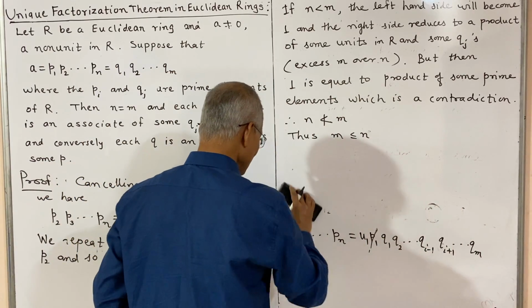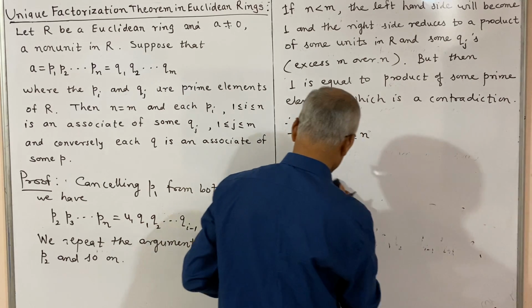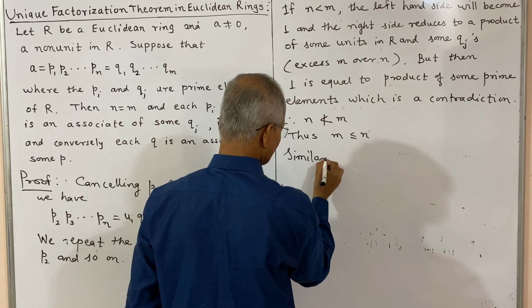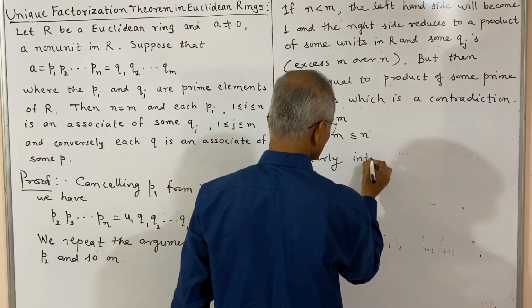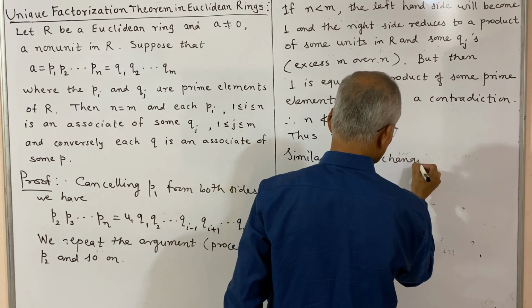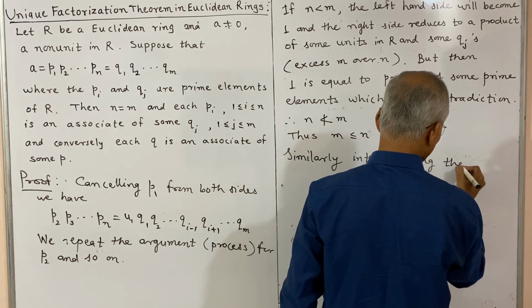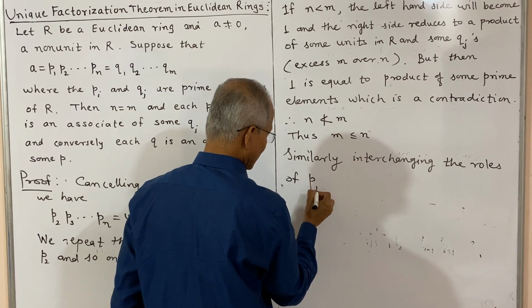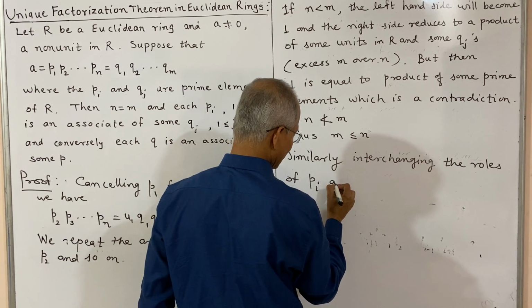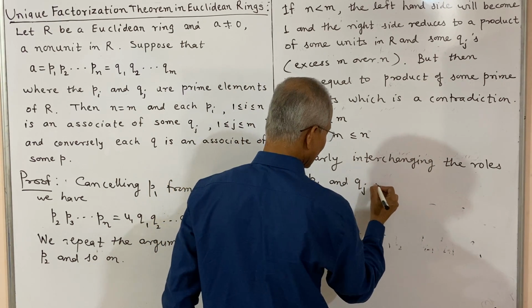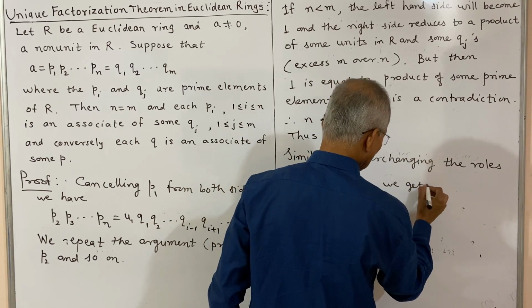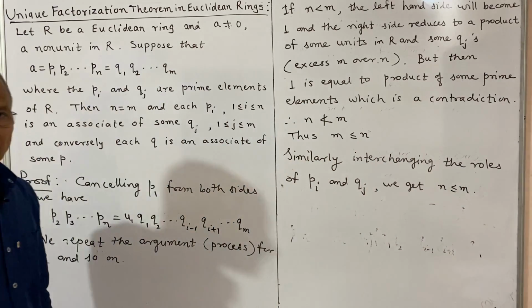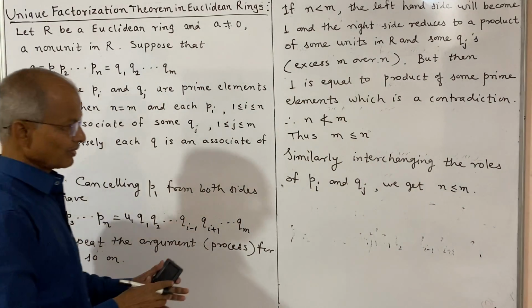So similarly, interchanging the roles of Pi and Qj, we get n is less than or equal to m.